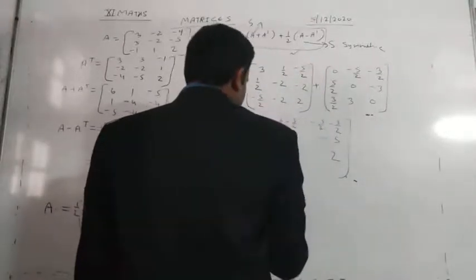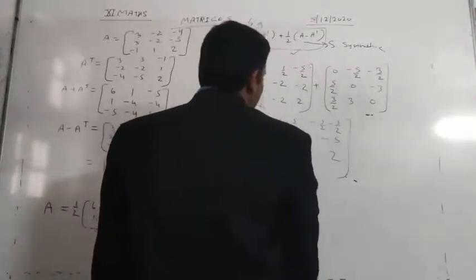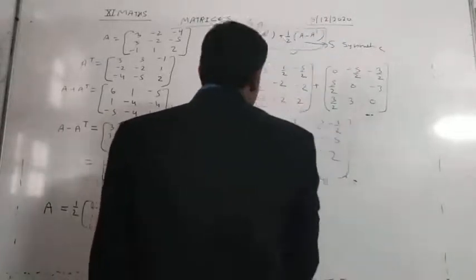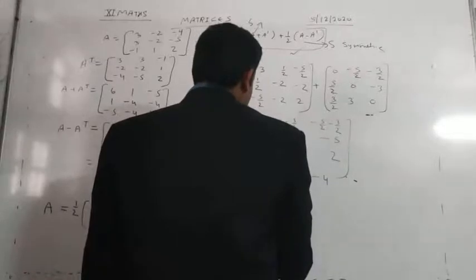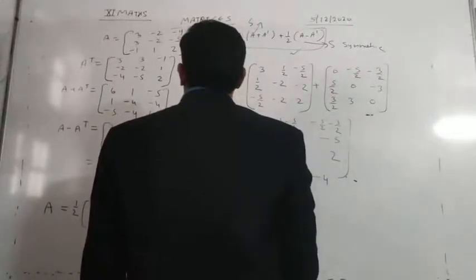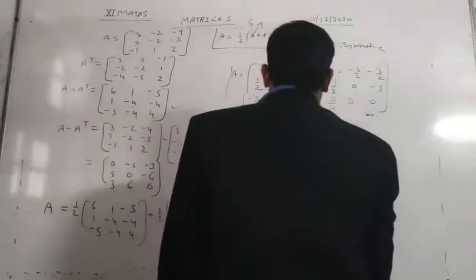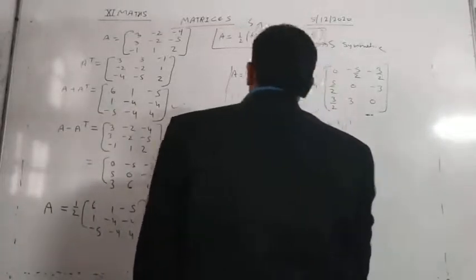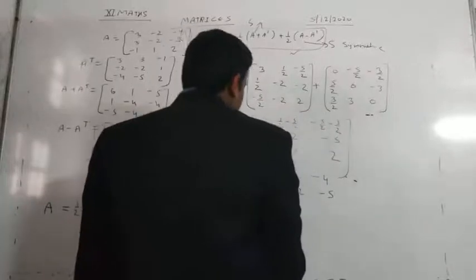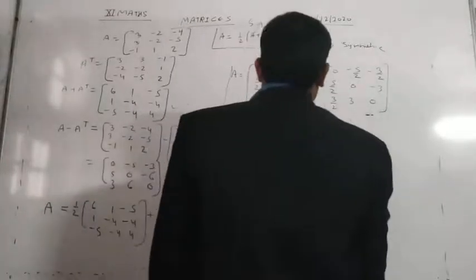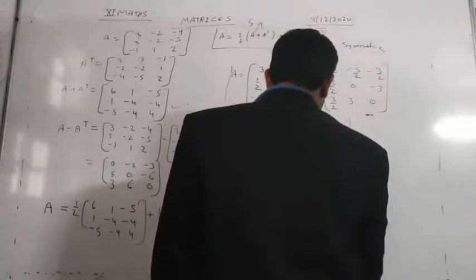Now adding this, 3, -2 and -4, and this is 6/2, which means 3, and this is -2 and -5, and this is -1, and this is 1, and this is 2.